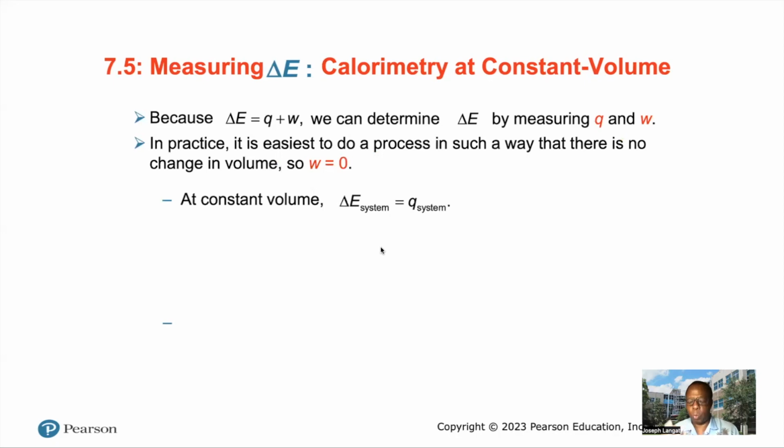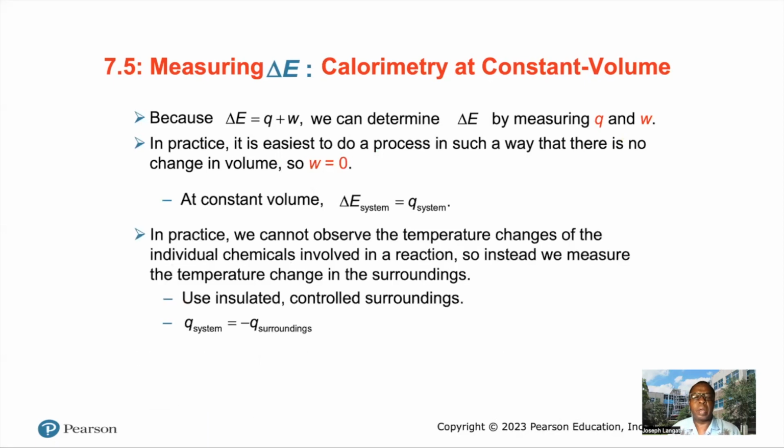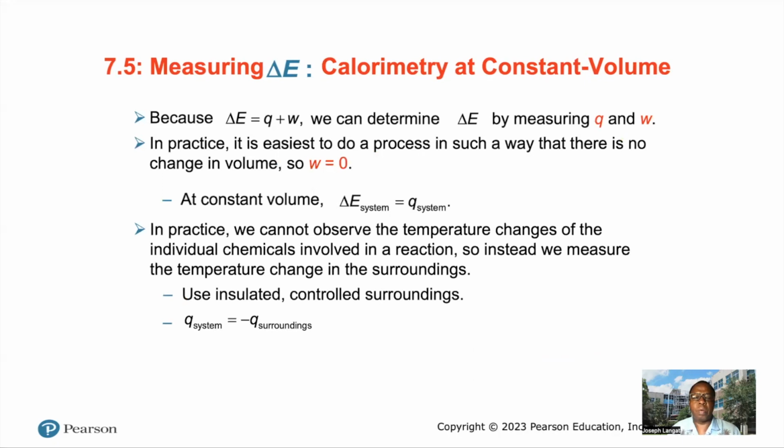Remember, the system is what we are interested in, where we are focusing. In practice, we cannot observe the temperature changes of the individual chemicals involved in the reaction. So instead, we measure the temperature change in the surrounding.